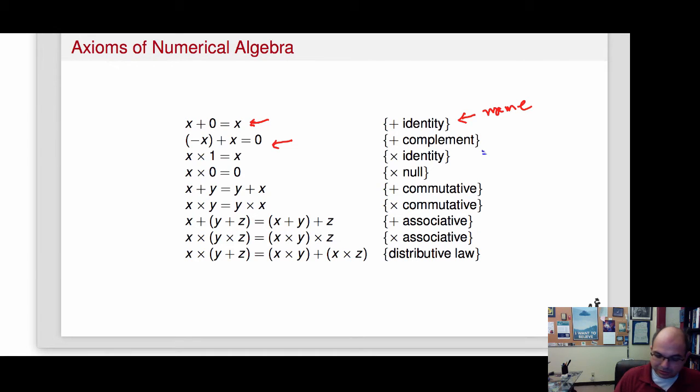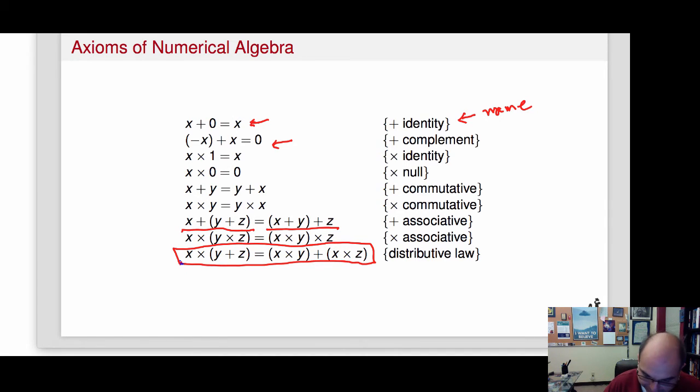Then we have the associative laws. So x plus (y plus z) is equal to (x plus y) plus z. That's plus associative. And we have the almost identical rule for multiplication: x times (y times z) is the same as (x times y) times z. And finally we have the distributive law, which I'm sure you might have some fond memories of from elementary school.